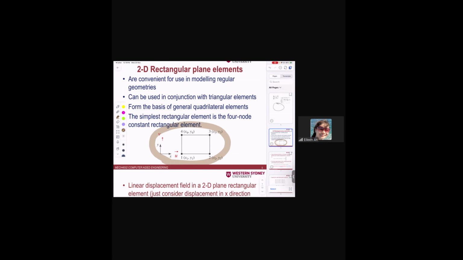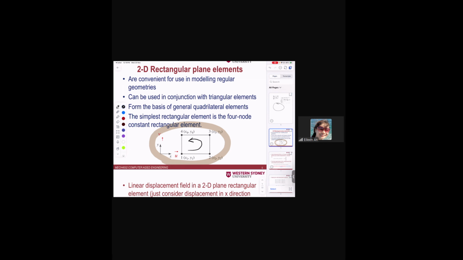So if this is node 1, then the second node must be this one. And then the third one, the fourth one. So we have to number them counterclockwise.